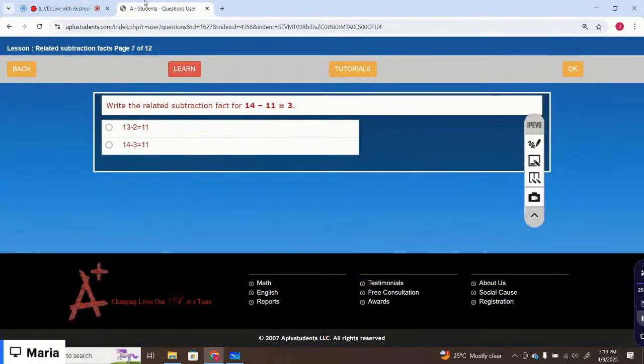Option number 2 is the correct option. 14 take away 3 equals 11.